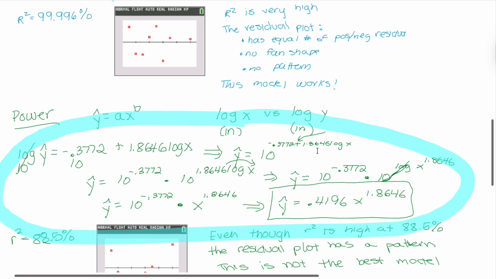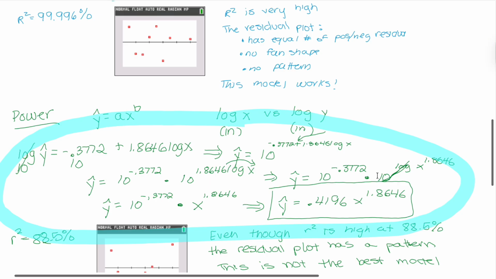Y hat is equal to 10 to the function right here, and same thing as the math way that we did above, we're gonna separate both things apart, and we're actually gonna use some log rules. Actually, we're gonna put this number 1.8646 into the exponent of x.